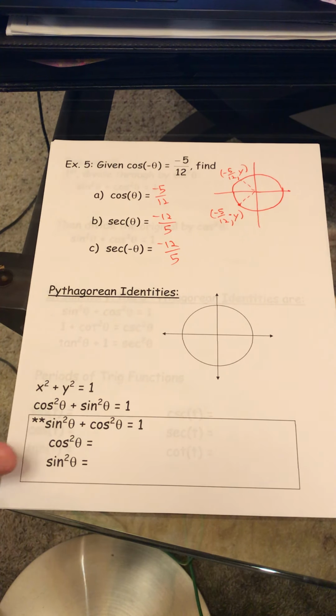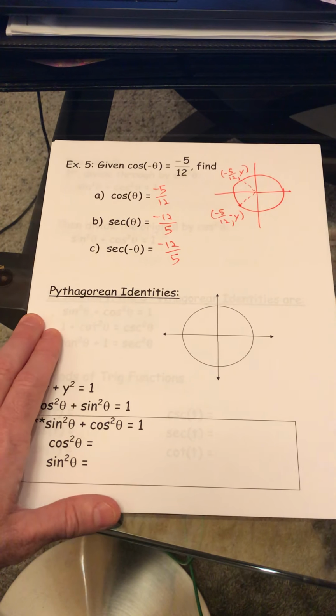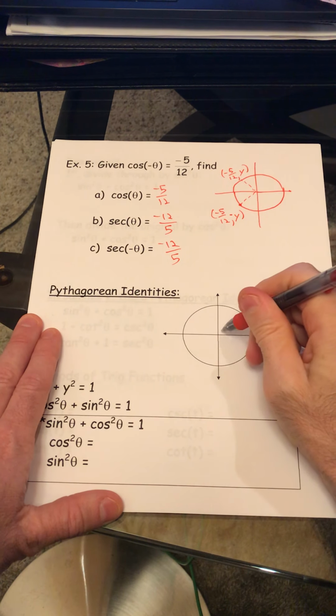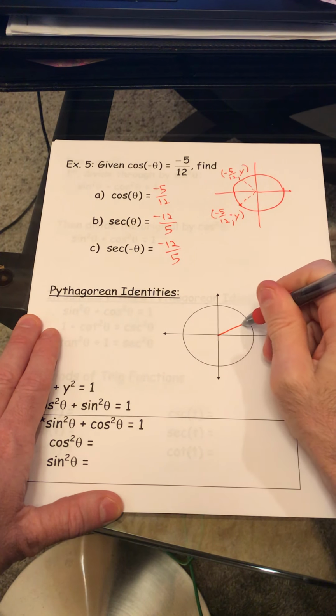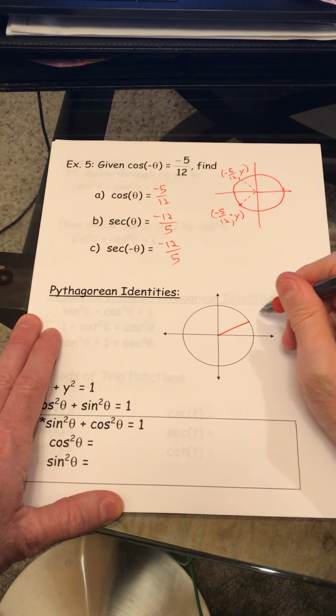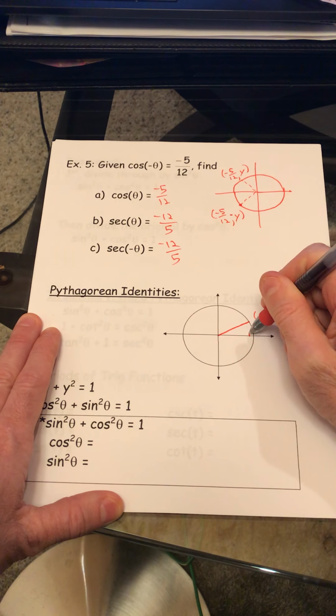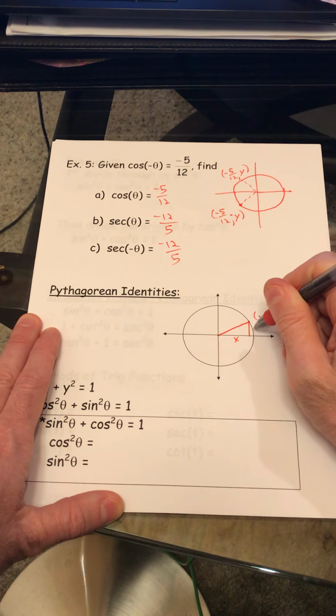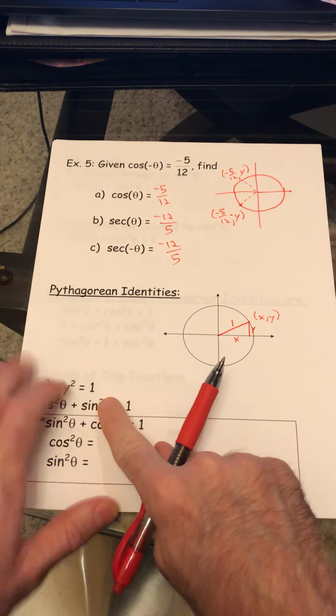All right, one last thing. That was what's known as the Pythagorean identity. Now, I know I've talked about already that if you take any point on the unit circle, x, y, well, here's x, here's y, our radius is 1.